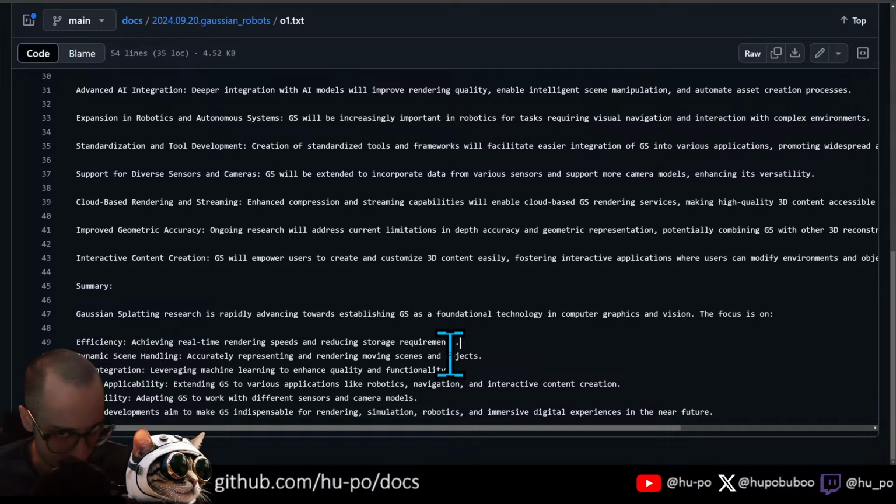A lot of the Gaussians that we've been seeing up until now are quite short, or Gaussian videos. AI integration, that just seems like a bunch of nonsense. Broad applicability, versatility, different sensors and camera models. So how do you make Gaussian splats work with depth cameras, fisheye cameras, stereo cameras, right? Different types of sensors. You want to make it easy to create Gaussian splats with a variety of different cameras.